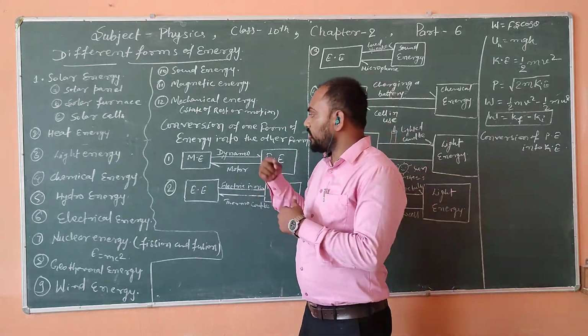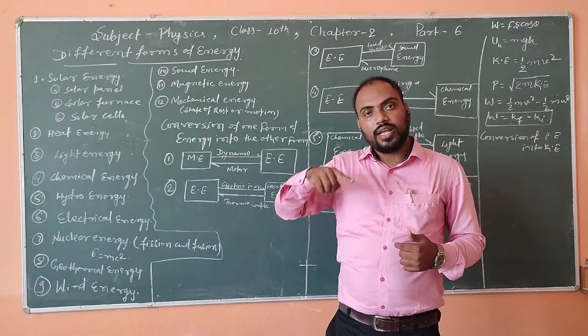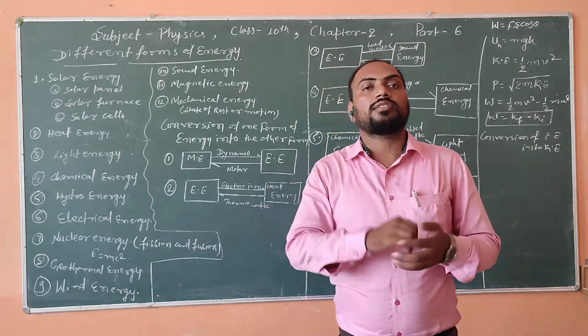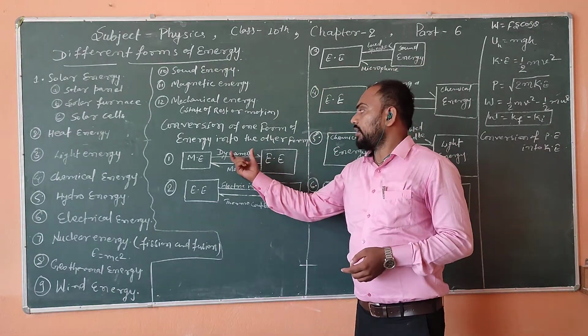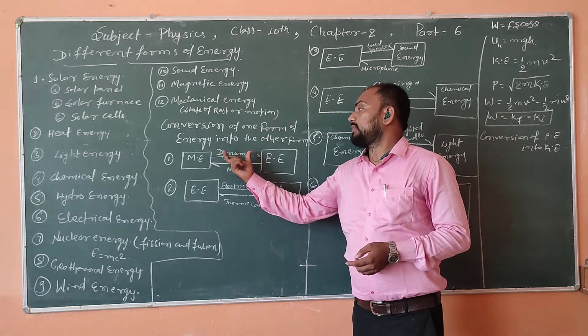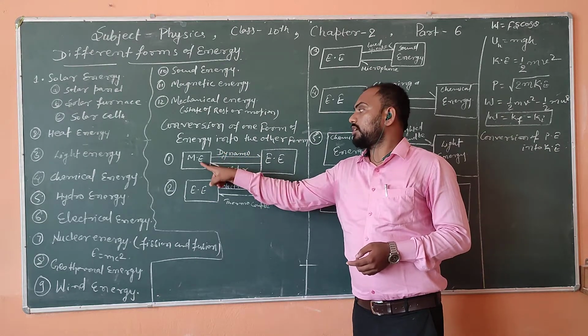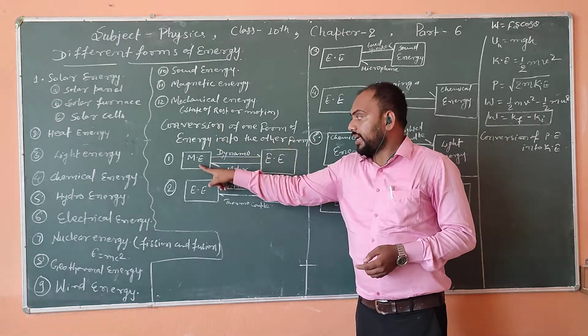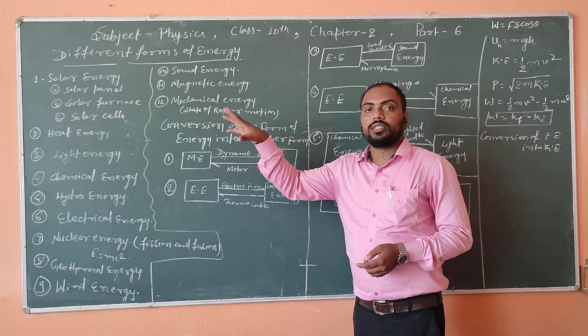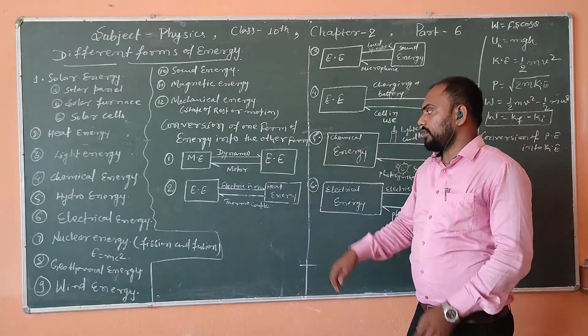After the rotation, electric energy is produced. The alternator, generator or dynamo converts the mechanical energy of water into electrical energy.